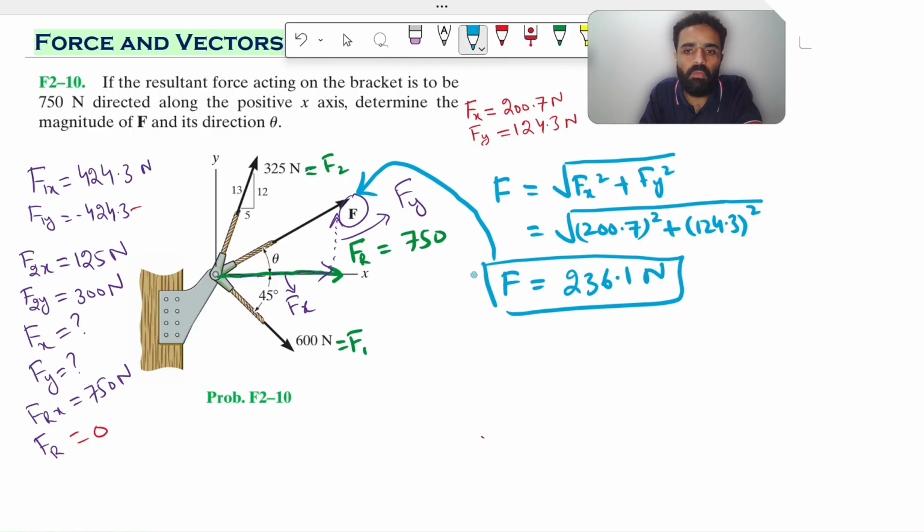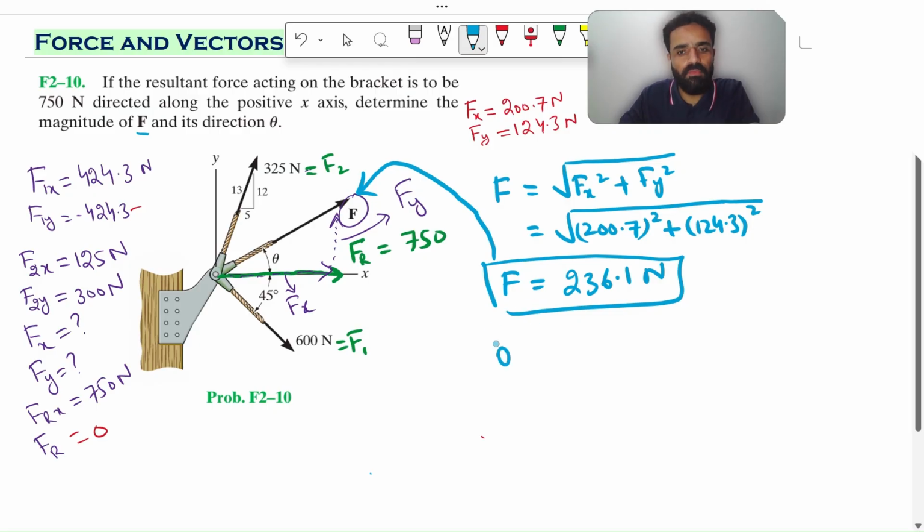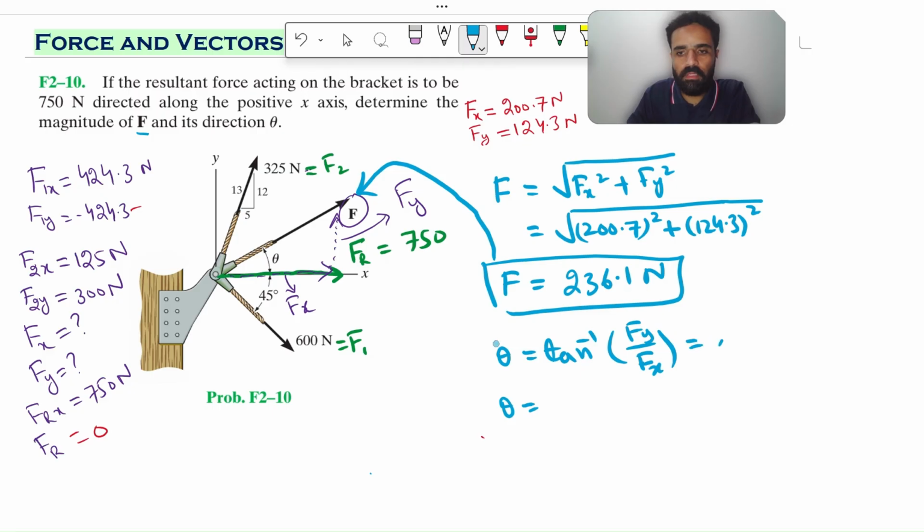We found the value of this F. Now we're finding theta, doing the calculation for the angle of direction. For direction, we know the formula: theta is equal to the tan inverse of Fy divided by Fx. So I will be putting in the values of Fy and Fx.